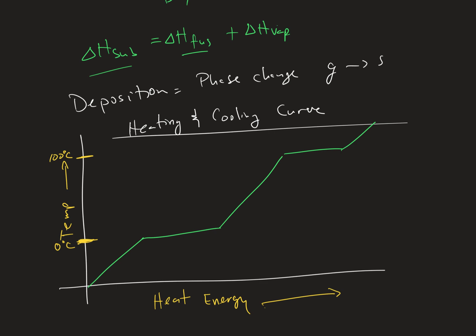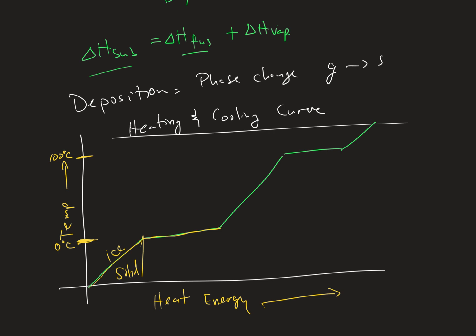This is solid ice, and as you increase the heat, the temperature of the ice increases, directly related, until you get to the melting point of ice, which is 0 degrees Celsius at sea level. Then you keep giving it energy, and it stays the same temperature.